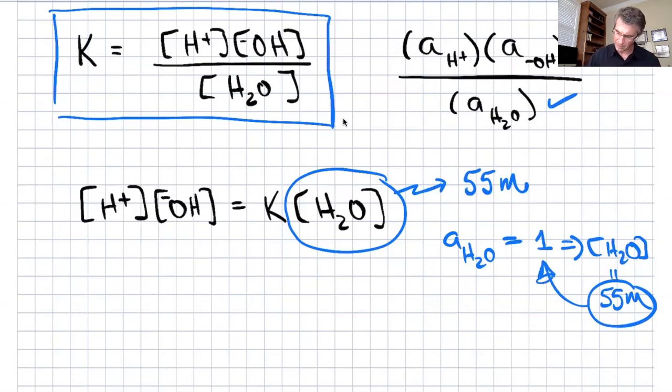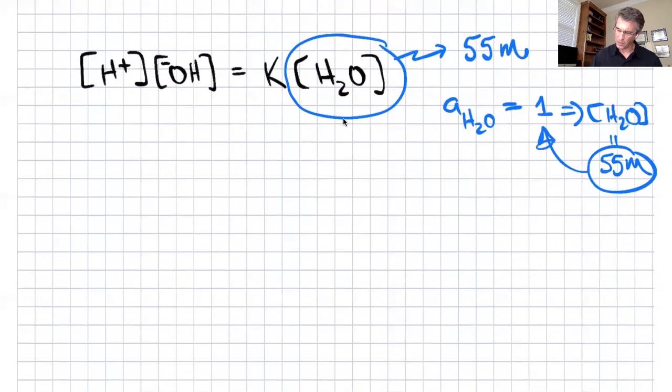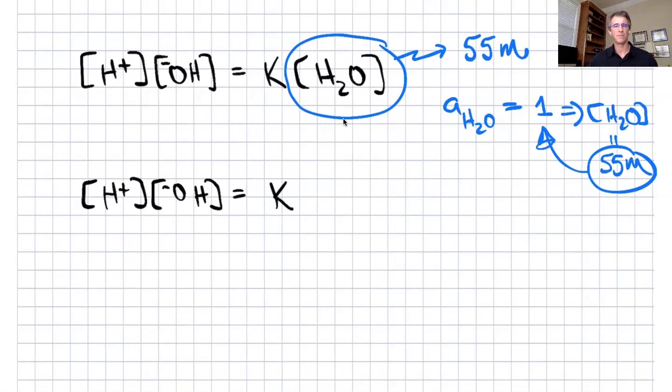Okay, so with that dispensed with, what you can do now is rewrite this expression so that H plus times OH equals K. And in this case, taking into account the activity of water in its standard state of 55 molar equals 1, this gets another symbol, K sub W, and it's known as the ion product of water, right?